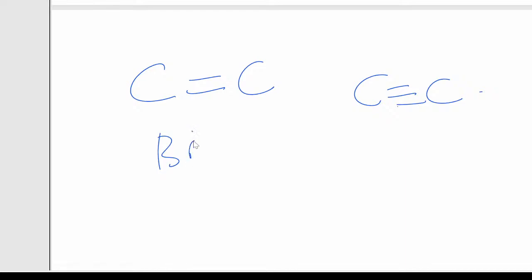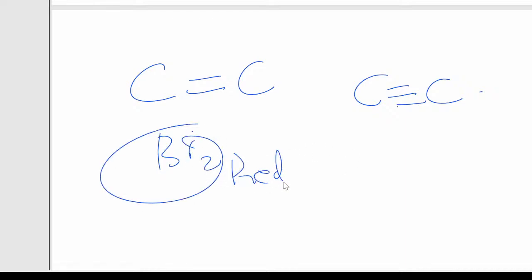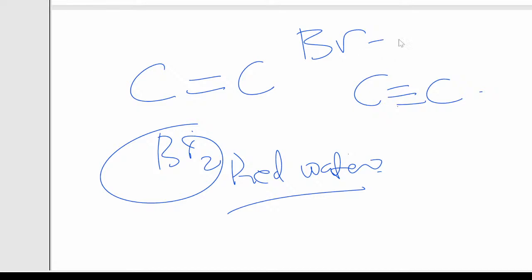Once I bring bromine here, remember bromine is red and is a liquid. That's why they call it bromine water, which is red. So the bromine is going to break. One bromine goes here, another bromine goes there.